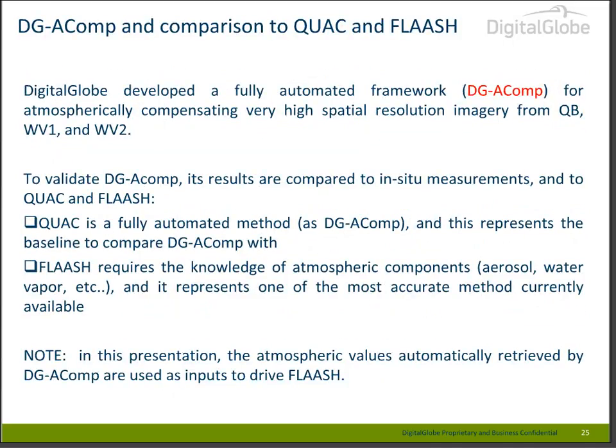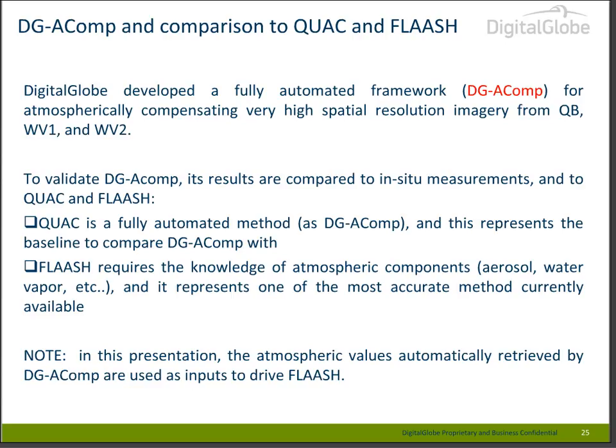DigitalGlobe has developed a fully automatic framework, which we call DigiAComp, for atmospherically compensated very high spatial resolution images from QuickBird, WorldView-1, and WorldView-2. So our goal now is to validate DigiAComp, and to do this we use 3 different approaches. We use in situ measurements from a field spectrometer, and we also compare DigiAComp retrievals to QUAC and FLAASH.